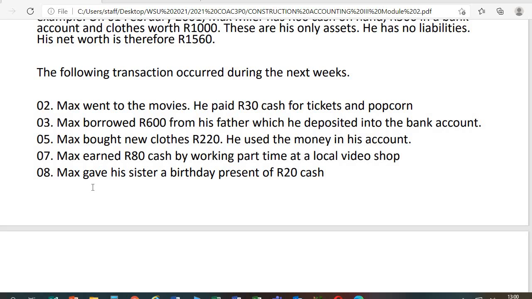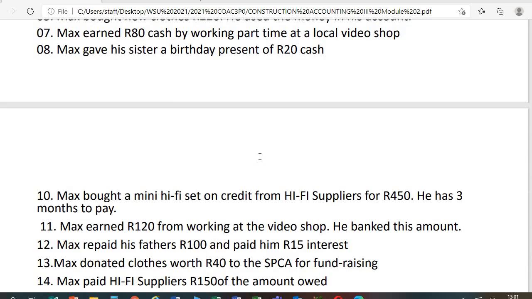Max borrowed 600 Rand from his father, which he deposited into the bank account. Max bought new clothes, 220 Rand. He used the money in his account. Max earned 80 Rand cash by working part-time at a local video shop. And then Max gave his sister a birthday present of 20 Rand cash.